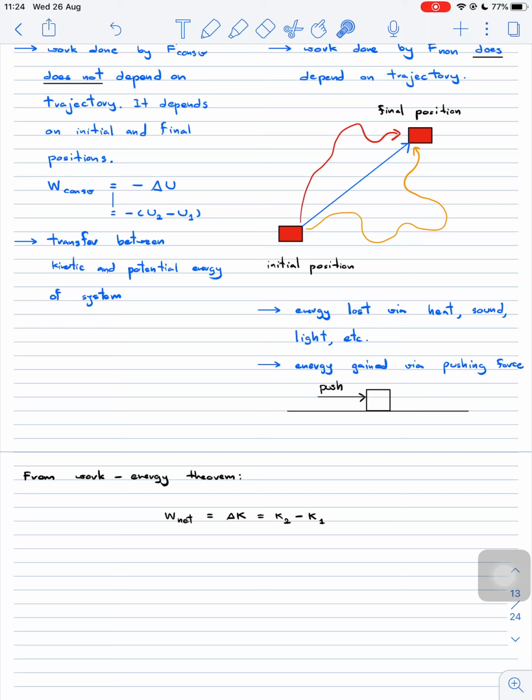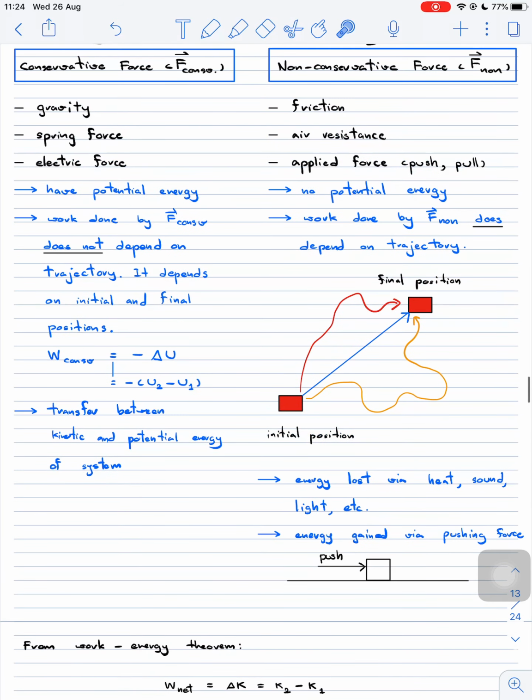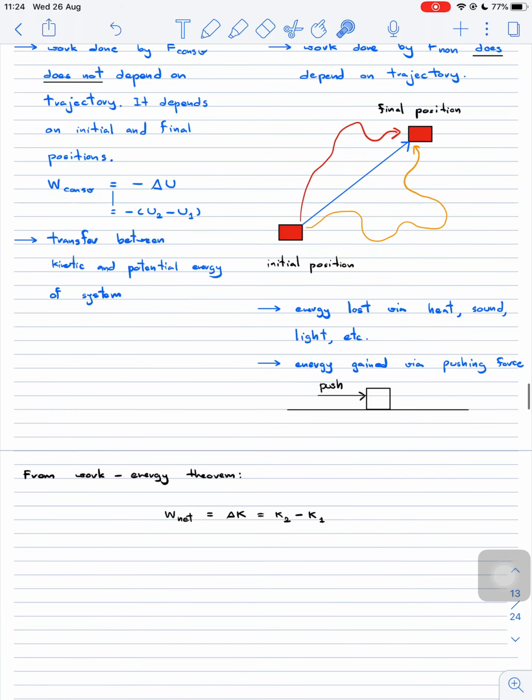But don't forget that this pushing force is not a conservative force, it is a non-conservative force. So it means that it doesn't have potential energy anymore.